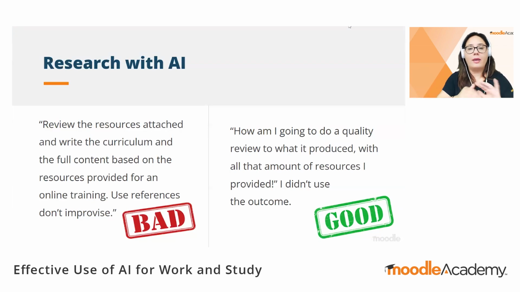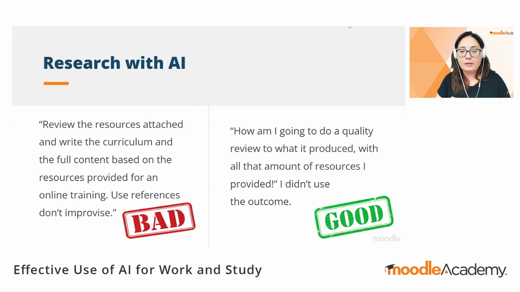And I thought, wow, I can take them through the AI with a prompt saying something like, review the attached research and write the curriculum and the full content based on the resources provided for an online training. Use references and don't improvise. A few minutes later, AI gave me what I asked.